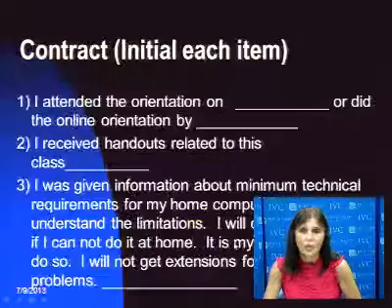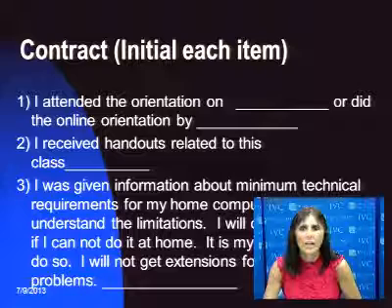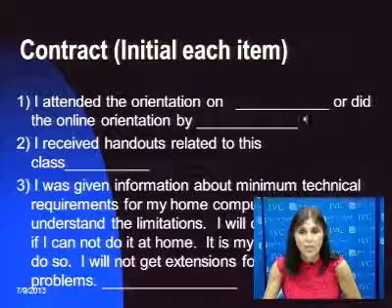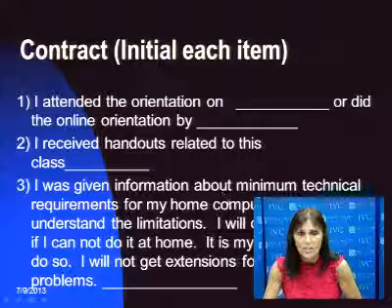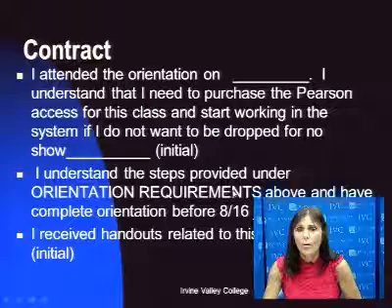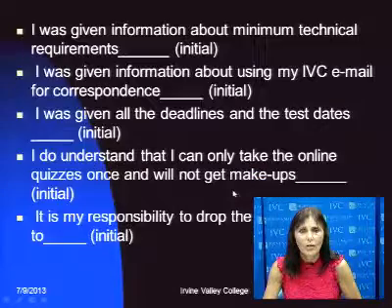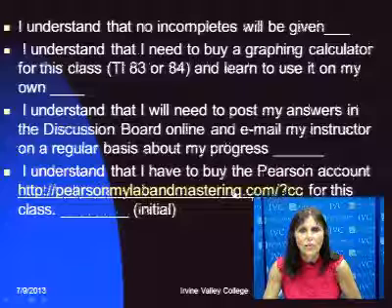So I pretty much took you around, but you have to understand it. If you didn't attend the orientation, just tell me what's going on. I know my minimum browser requirements and all that stuff. All that you need to initial.